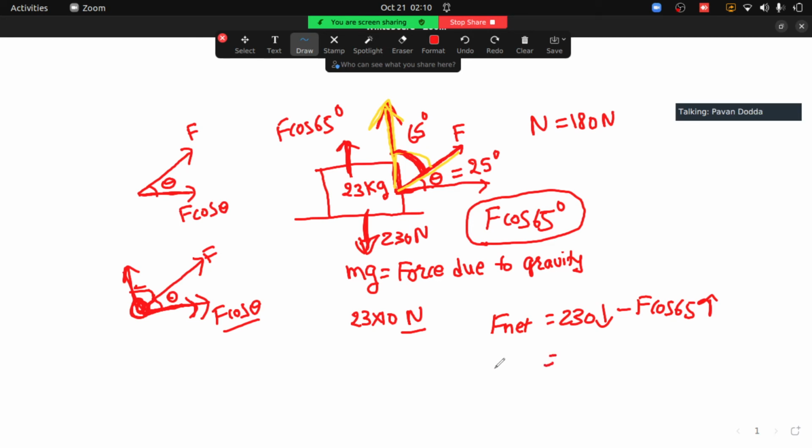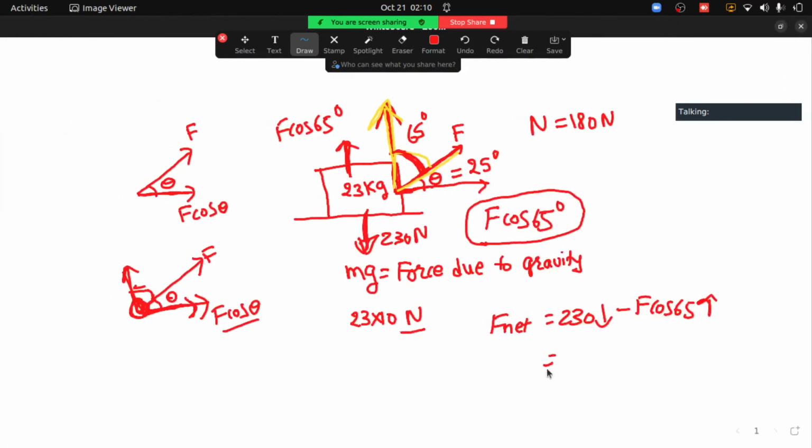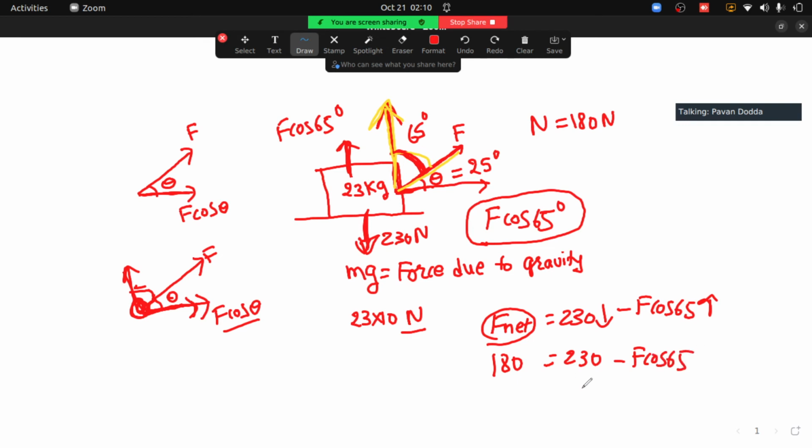Now this F net is nothing but the normal force, and this is 180. So 180 equals 230 minus F cos 65. From here you will be getting F cos 65 equals 230 minus 180.